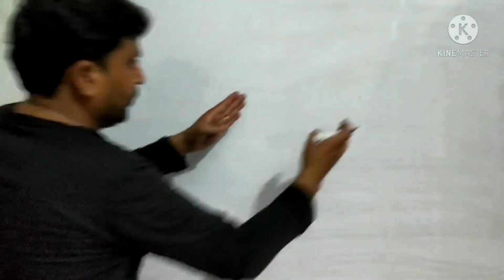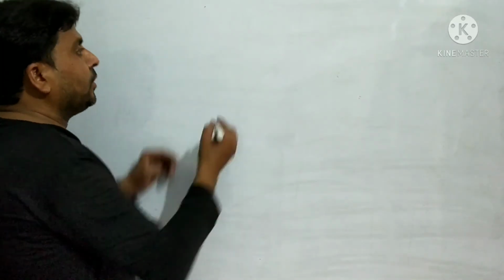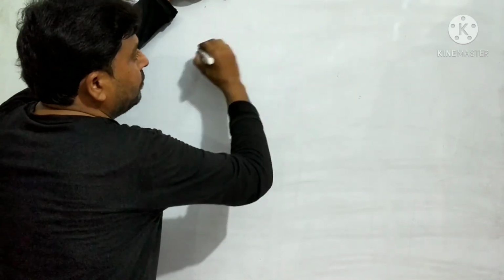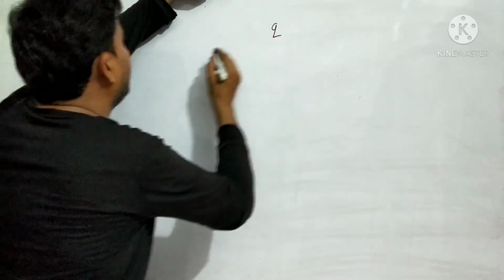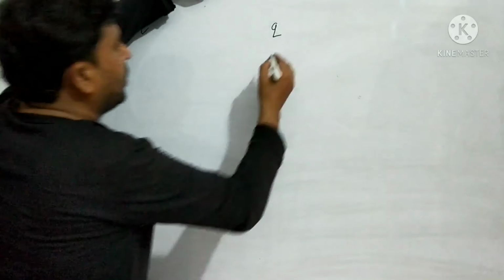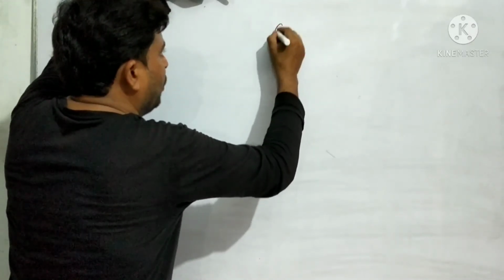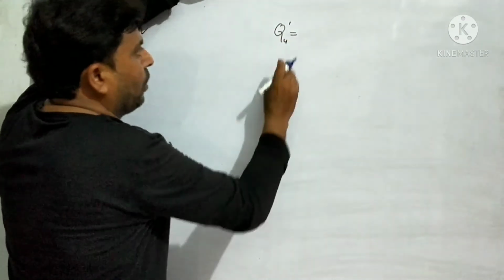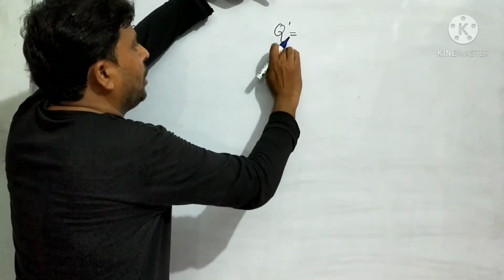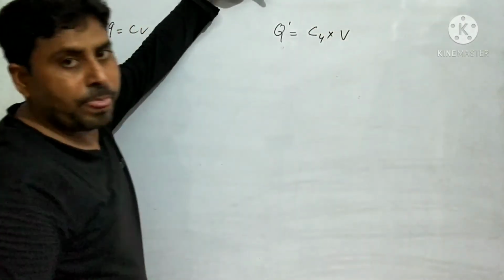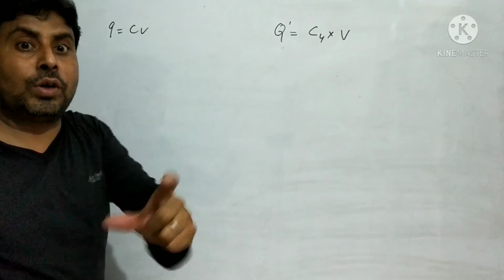Now the charge on the fourth capacitor, which was connected at the end, I have removed the diagram. Charge on the fourth capacitor, that is Q equal to CV, Q dash equal to C4 into V. This is the charge on the fourth capacitor.